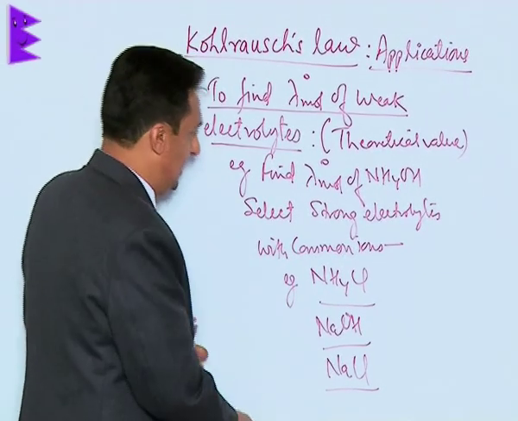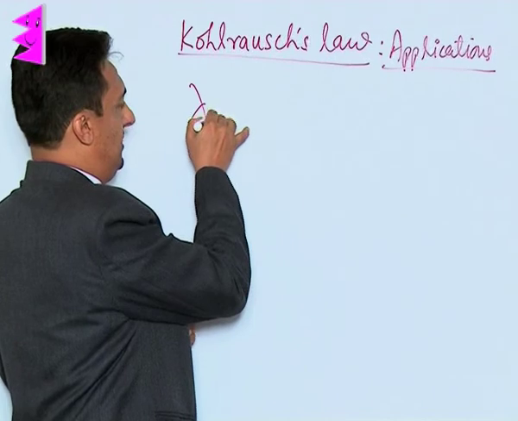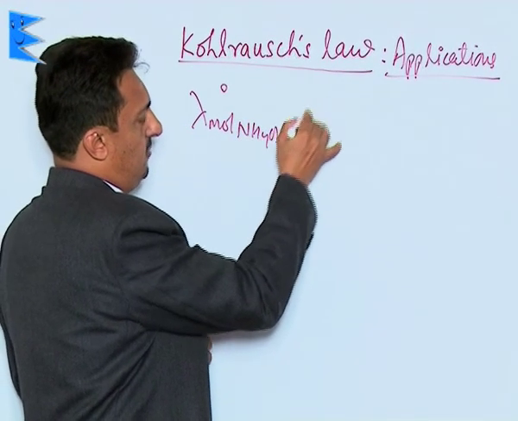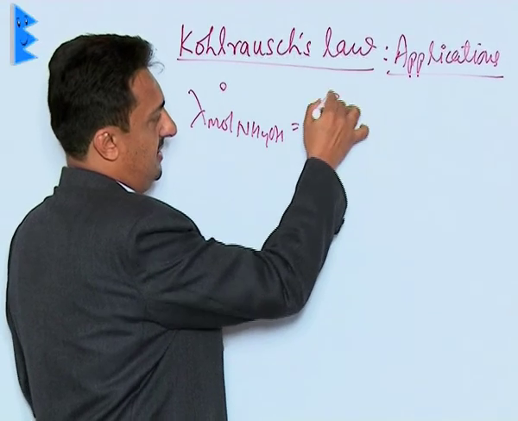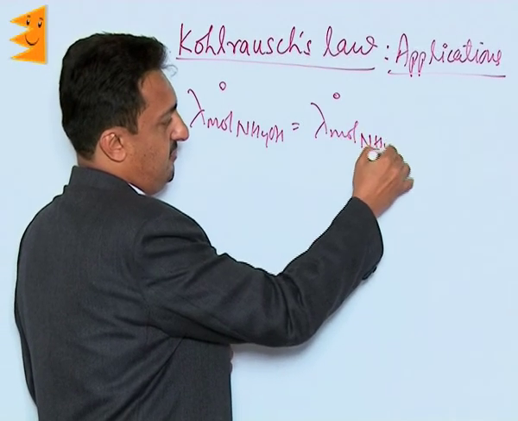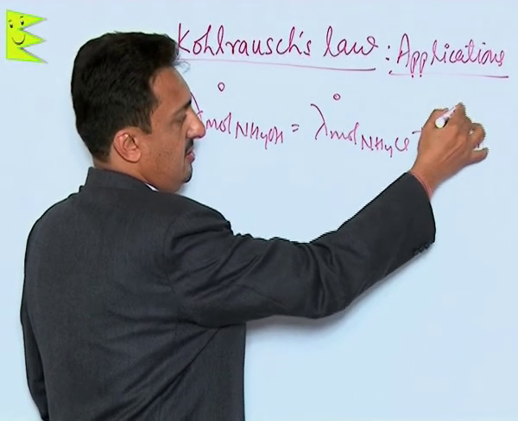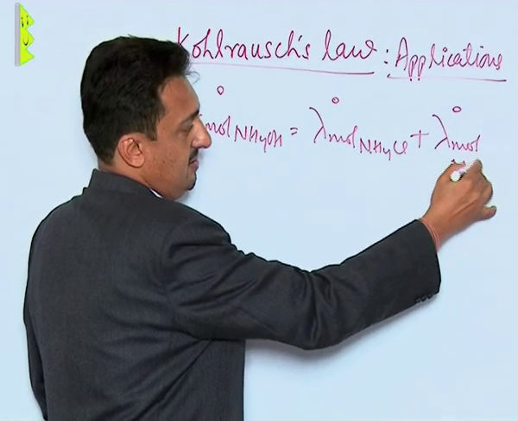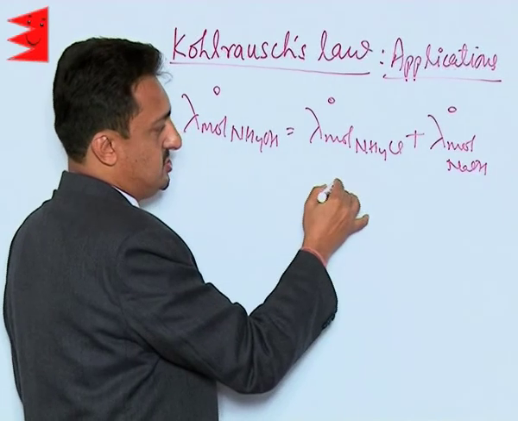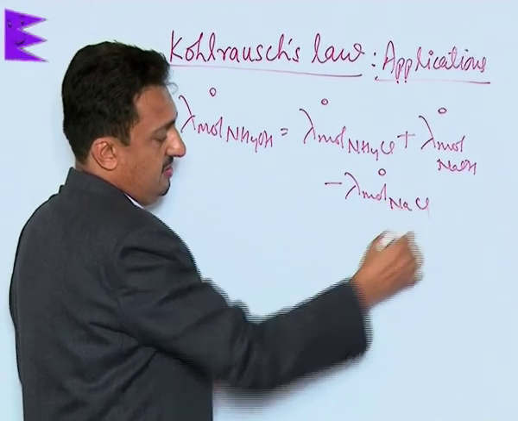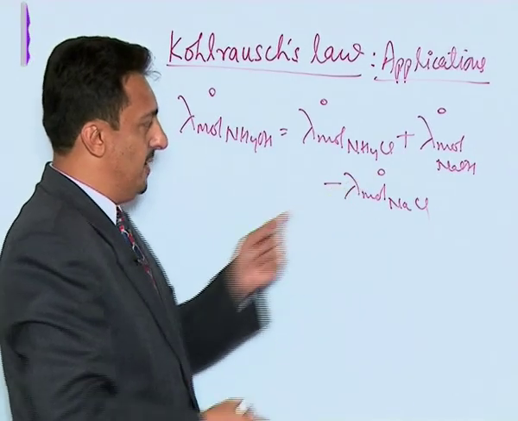Let us see here, the limiting molar conductivity of ammonium hydroxide can be written as the sum of the limiting molar conductivity of ammonium chloride and NaOH, minus the limiting molar conductivity of sodium chloride. Let's open them.